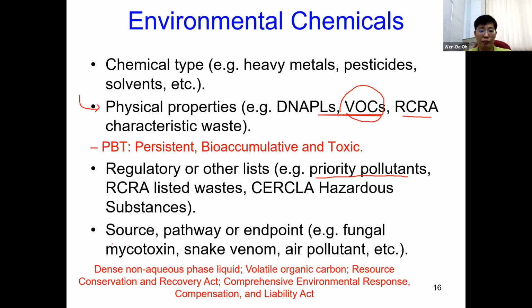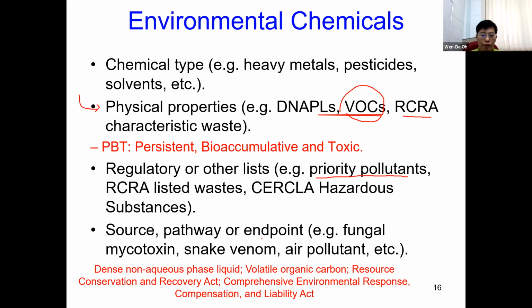And then the other one will be source, pathway, and endpoint, whereby we classify based on the source. For example, I'm sure you heard of people saying that this waste is agricultural waste. So when you hear the word agricultural waste, you know directly that this waste is probably pesticides or maybe nutrients like phosphorus or nitrogen.